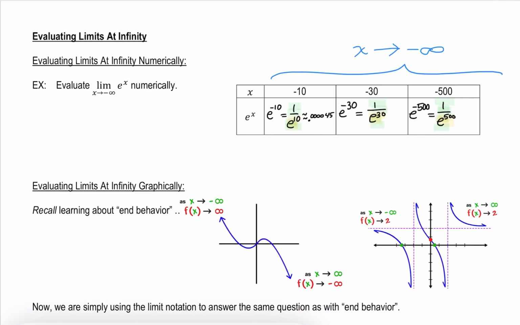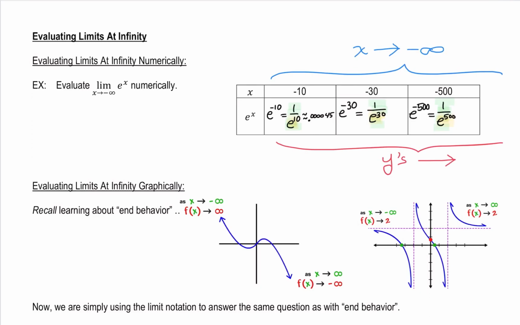If you were to sub into your calculator 1 over e to the 500th, it would probably just come out and say 0 because it's such a very, very small 0.000000 type of number. But the whole idea, when we're looking for our limits, is what the y's are approaching.